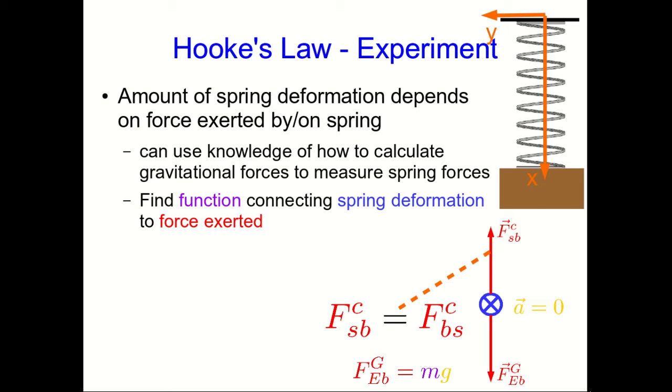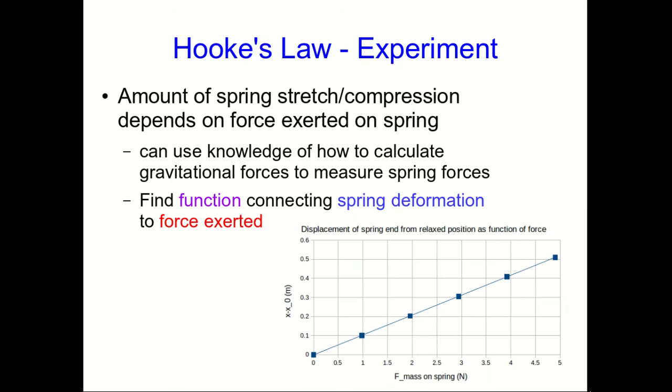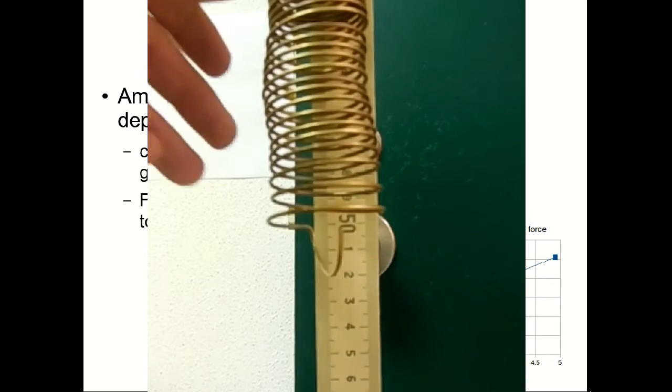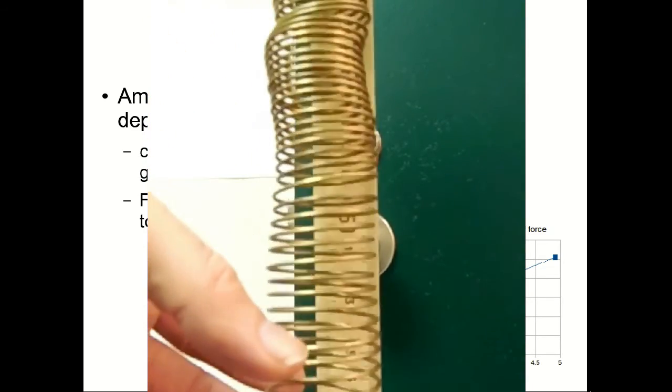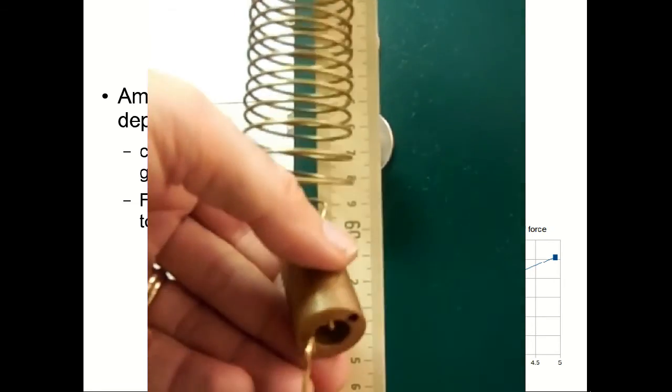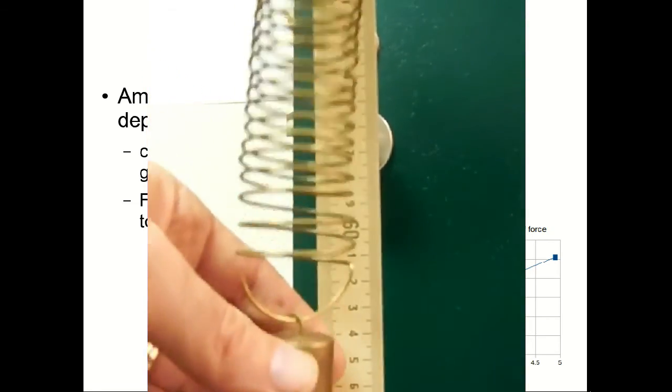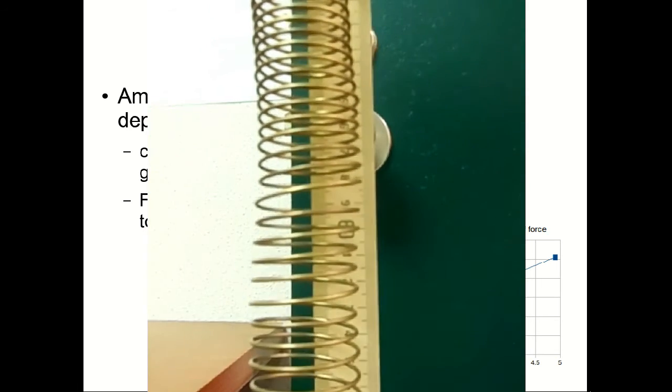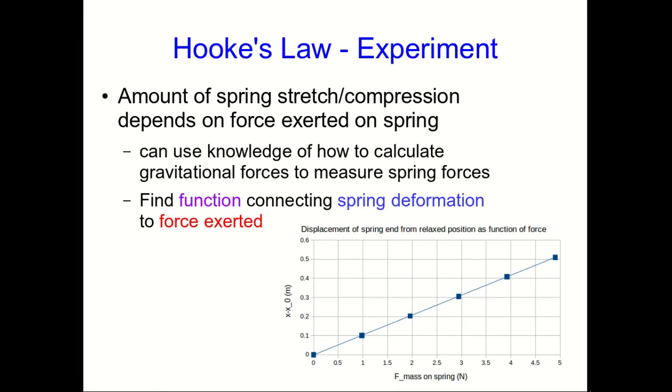And so now we can do an experiment to find the function connecting the spring deformation to the force exerted. I'm going to set an x-axis along the spring, so that the x-component of our force and the x-component of the displacement of the end of the spring have signs associated with them that we can use to talk about direction. So we hang some mass off of the spring and see how much it stretches, and hang some more mass off of the spring and see how much more it stretches, and now we plot the x-component of its displacement versus the x-component of the force exerted on it, and we see that it's a lovely straight line.